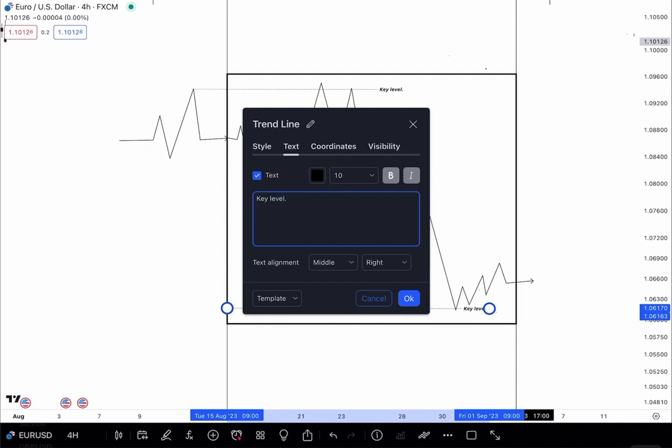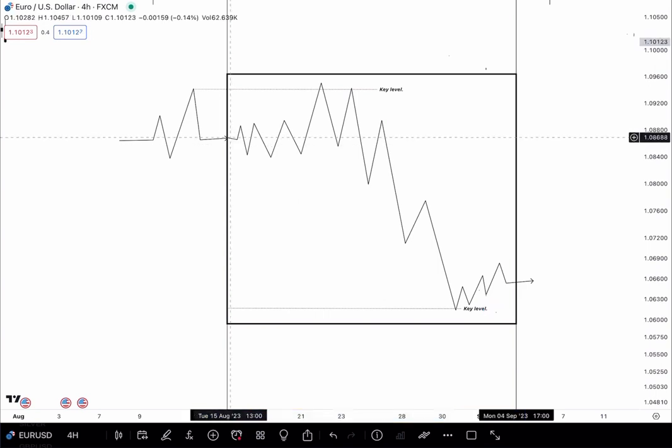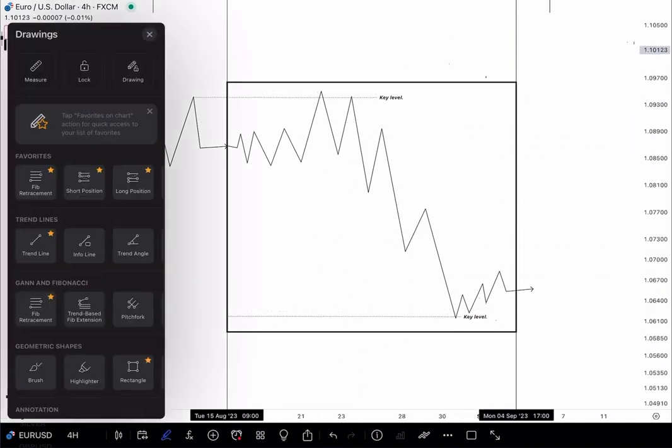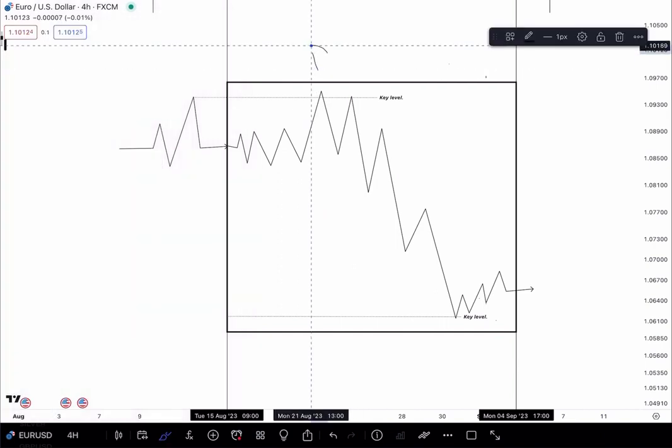Right, so if this is all you take from the whole lecture is open, rally above opening price, key level, decline, key level, that's it. Trade number 1, trade number 2, trade number 3, all right? If this is all you take from this, then I consider you a success.